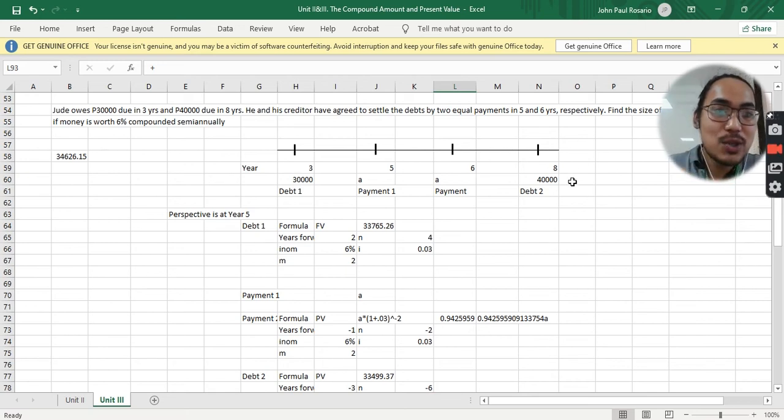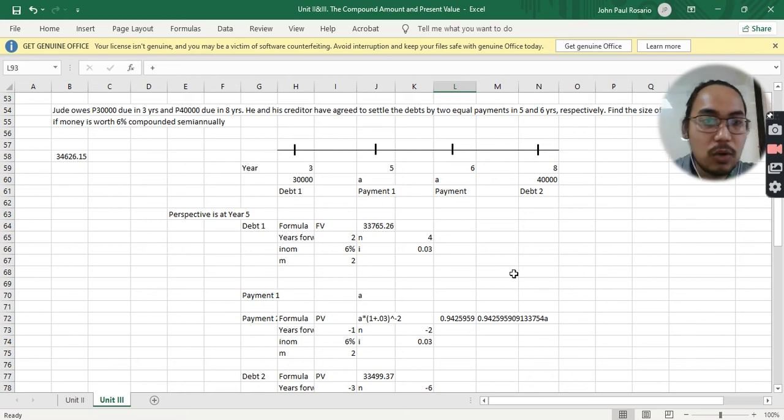But by translating them into their equivalent values at a specific period of time wherein they are the same, that's year 5, we are translating the orange to become an apple, the banana to become an apple, the guava to become an apple. So we can compare all of them.